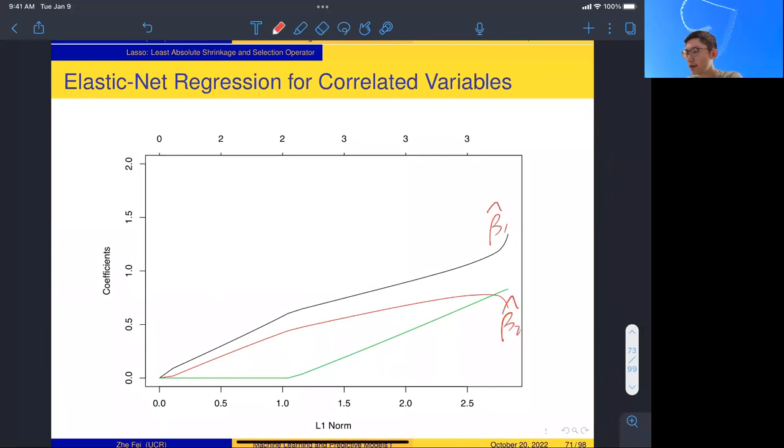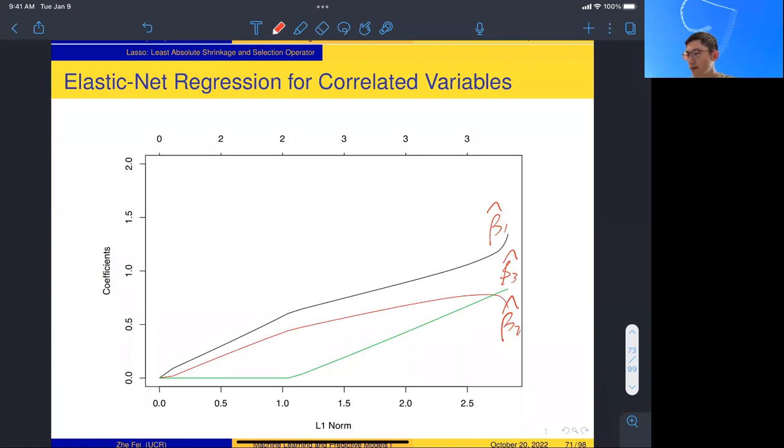And this green curve should correspond to beta 3 hat. So we see that after adding the ridge penalty, we get more accurate coefficient estimates when we have this highly correlated X1, X2 case.